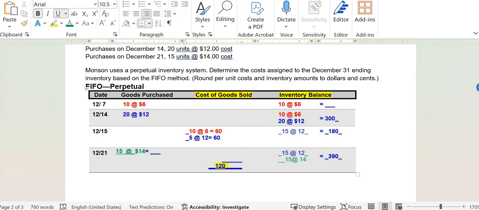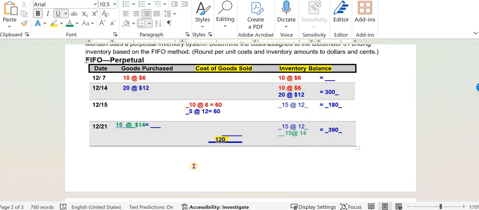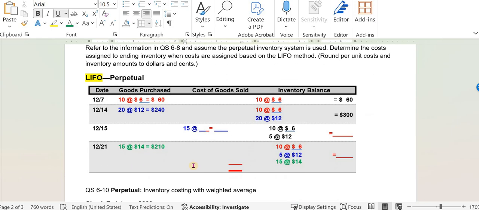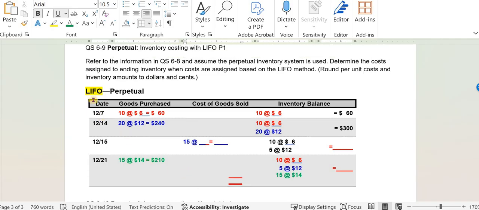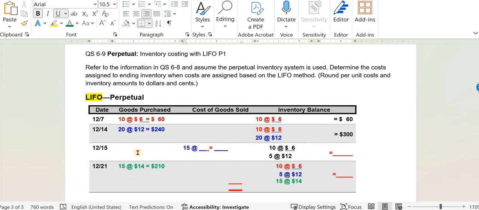Okay. That's FIFO. Let's do the same thing using LIFO then. I've got everything already filled in. We still bought the red layer on December 7th, $60 worth of stuff. On the 14th, we still bought some $12 stuff. So I have two layers, an old layer and a new layer. This time we're using LIFO, last in, first out.